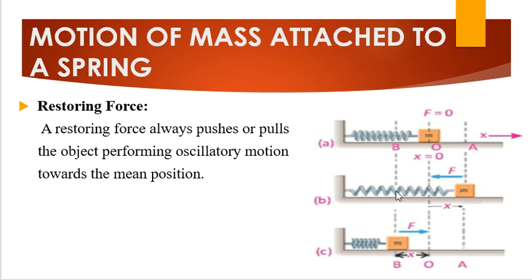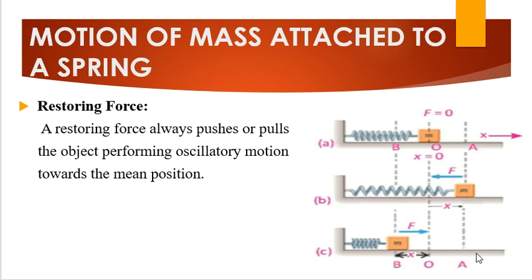Okay, so as the mass moves from the mean position O to the extreme position B, the restoring force acting towards the mean position steadily increases in strength. Hence the speed of the mass decreases as it moves towards the extreme position B. So what happens?